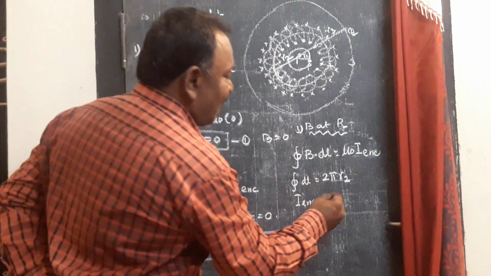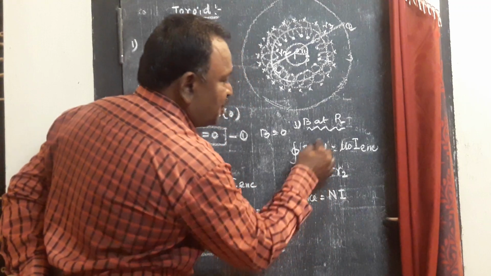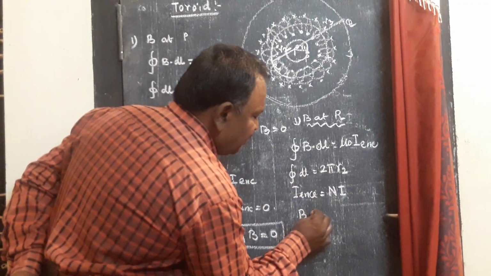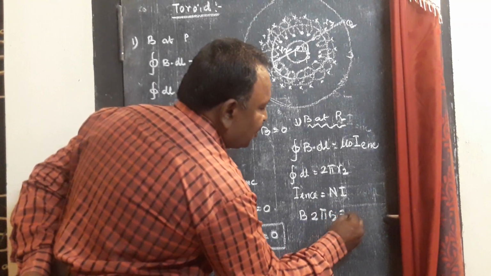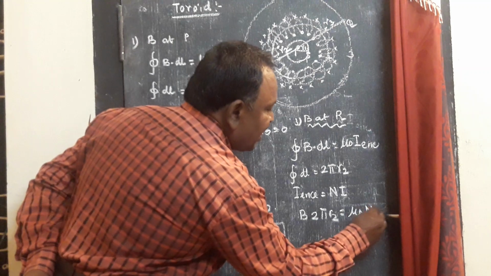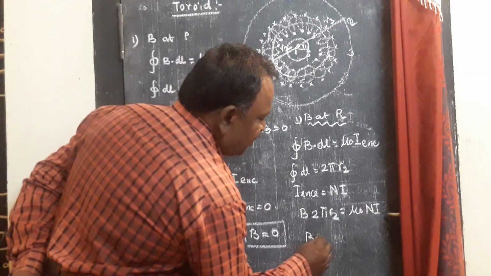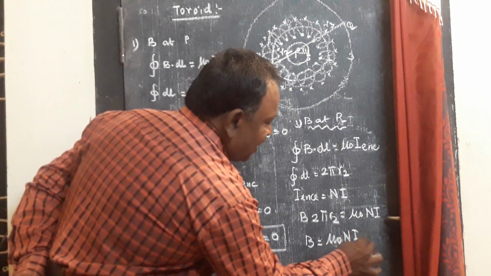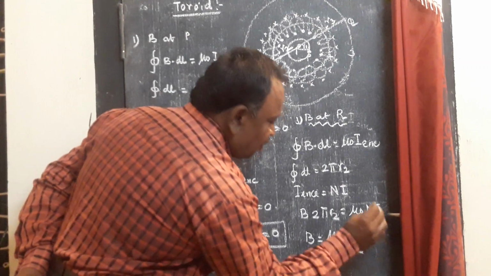So you will have N I. Substituting these two values here, you will have B into 2 pi R2 is equal to mu naught N I, or B is equal to mu naught N I by 2 pi R2.